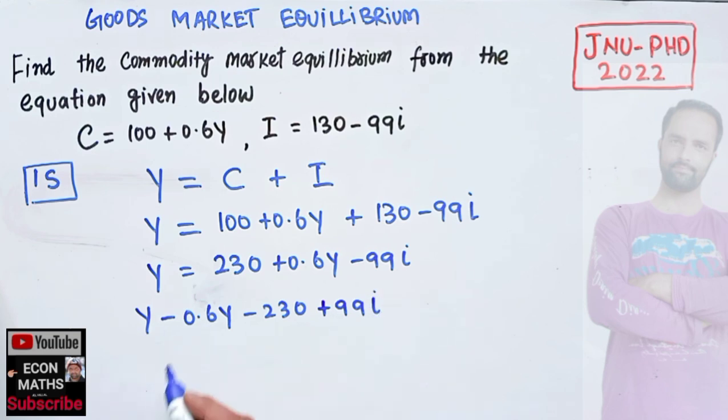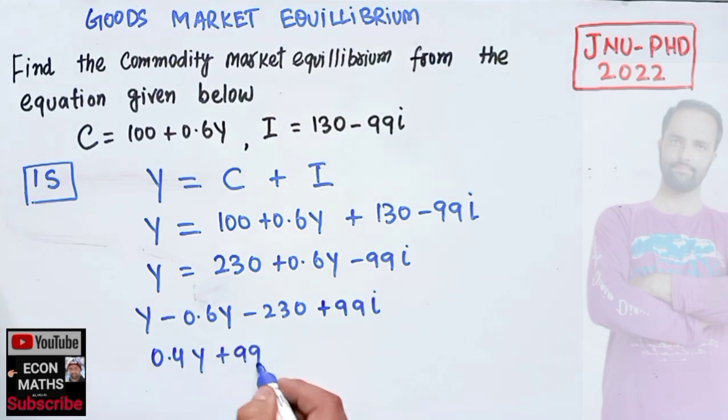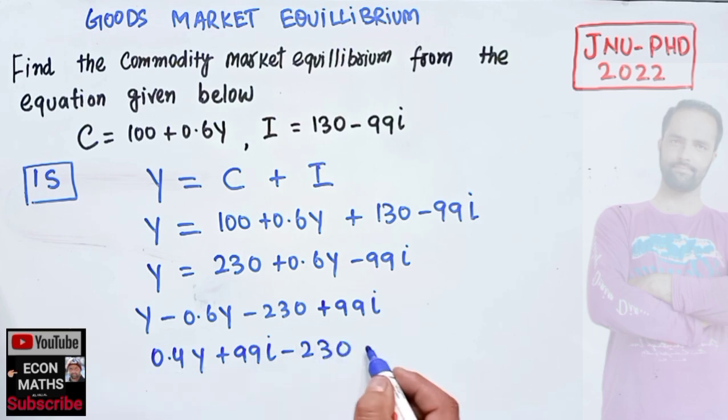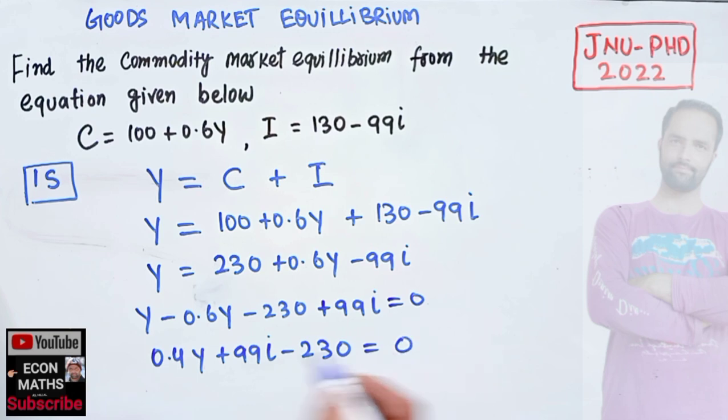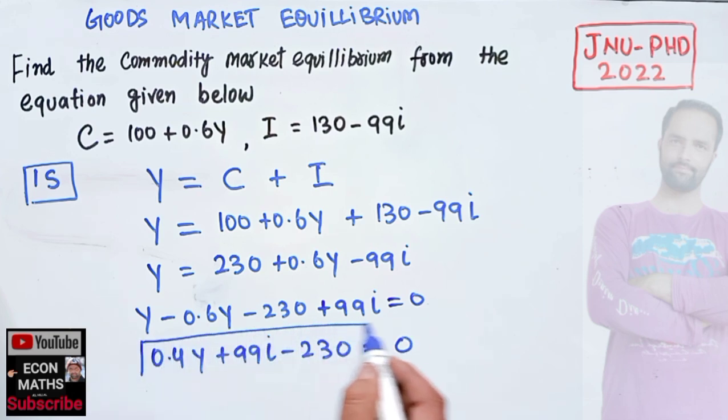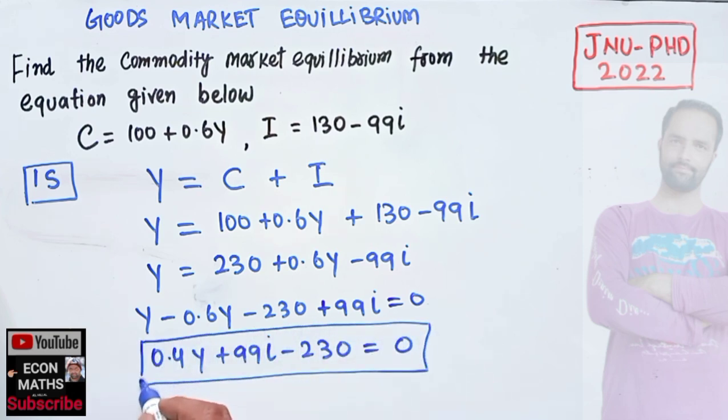So Y minus 0.6Y comes out to be 0.4Y, and I can write 0.4Y plus 99i equals 230. This is our commodity market equilibrium condition.